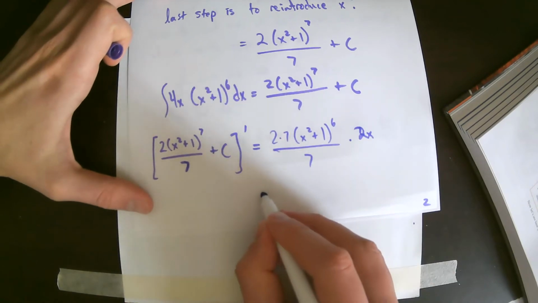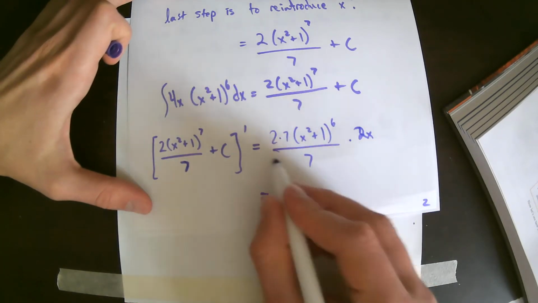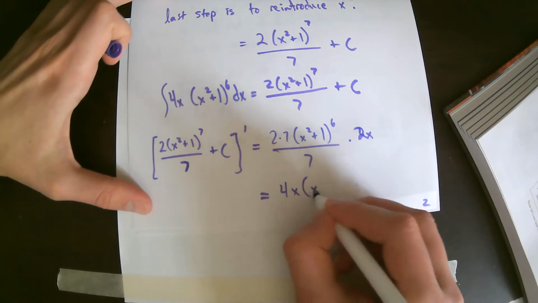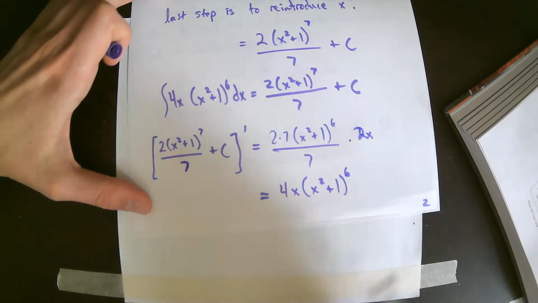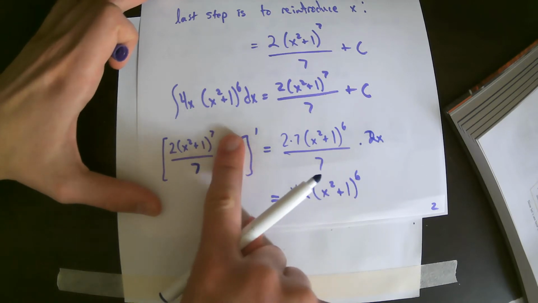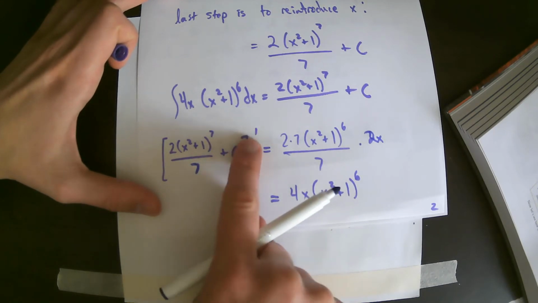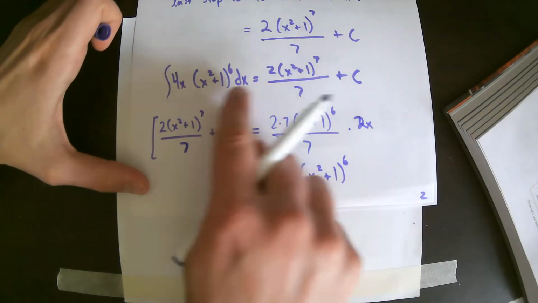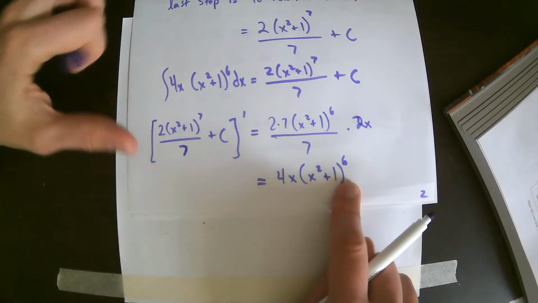Now, cleaning all this up, these 7's cancel, 2 times 2 is 4, so I'm left with 4x times x squared plus 1, all raised to the 6th. Oh, by the way, the constant of integration goes away, right? Because it's just a constant, and I'm taking a derivative. So here's just a quick little proof that this, in fact, does equal this. There's my integrand.